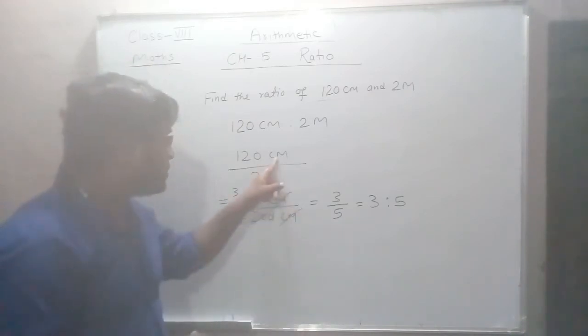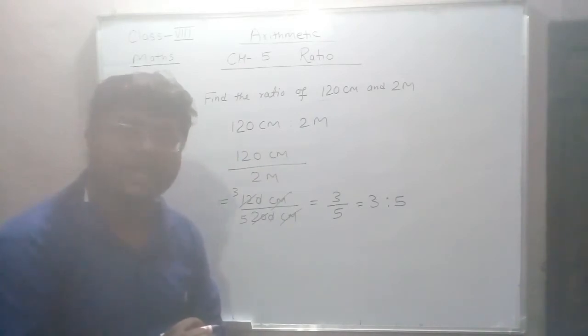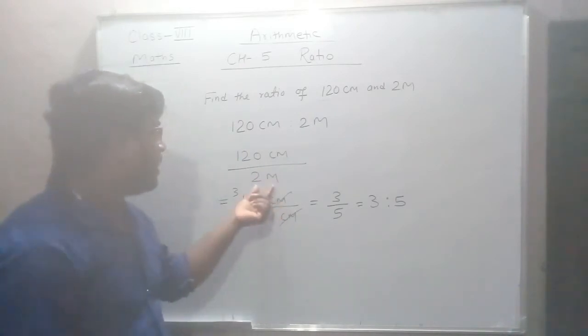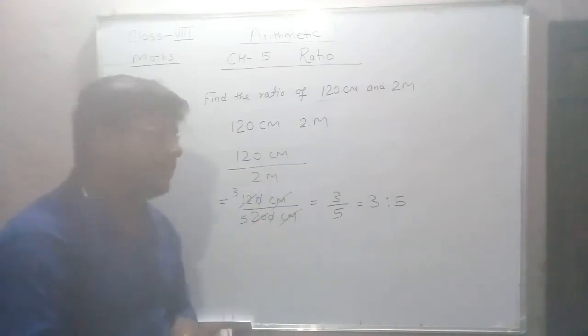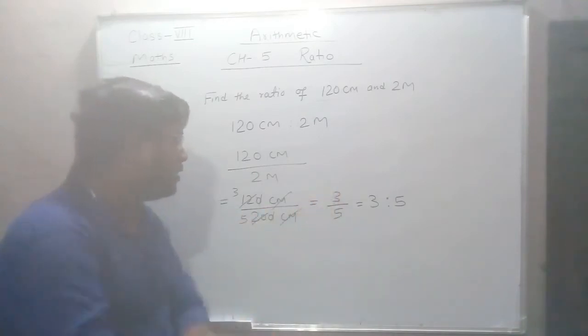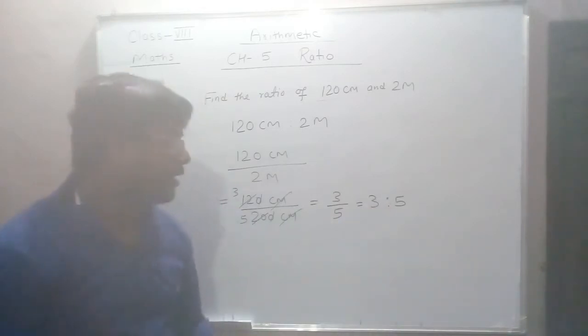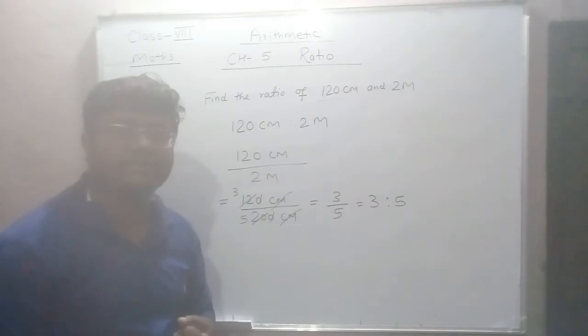One was in centimeter and the other in meter, so I changed 2 meter into centimeter. Now both are in centimeter, so they are of the same kind. Now cancel and you get 3 upon 5, which in a ratio we write as 3:5.